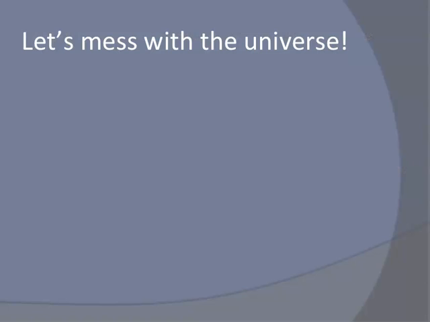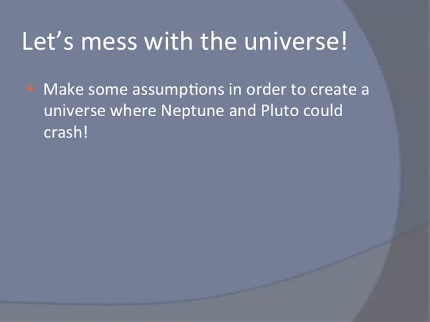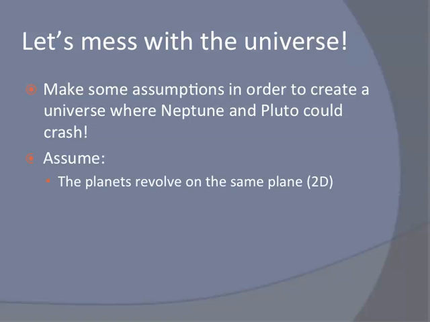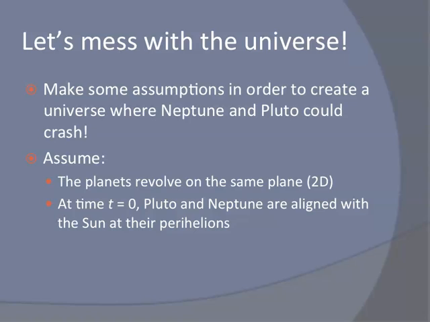So let's mess with the universe a little bit, because we can with math. And we'll make some assumptions in order to create a universe where Neptune and Pluto could crash. So we'll assume that the planets revolve on the same plane, so it's a two-dimensional plane. And at time t equals 0, Pluto and Neptune are aligned with the Sun at their perihelions.